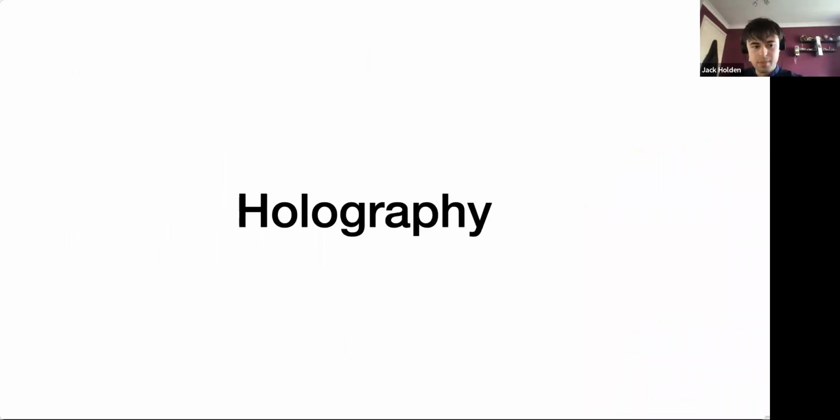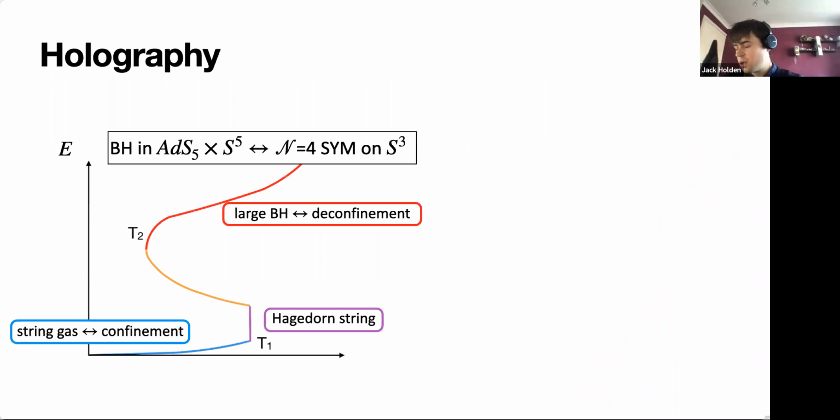And so now I'll discuss how the partial phase relates to questions in holography. This is the phase diagram for a black hole in AdS5 times S5. And it's known that the confined region corresponds to this string gas phase, whereas the deconfined region corresponds to the large black hole.